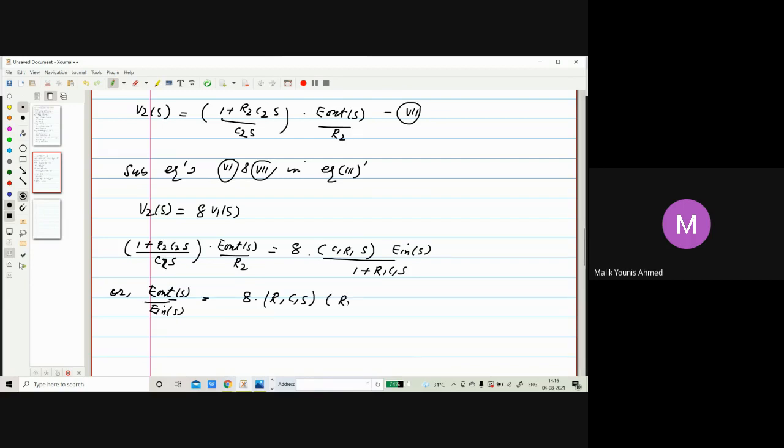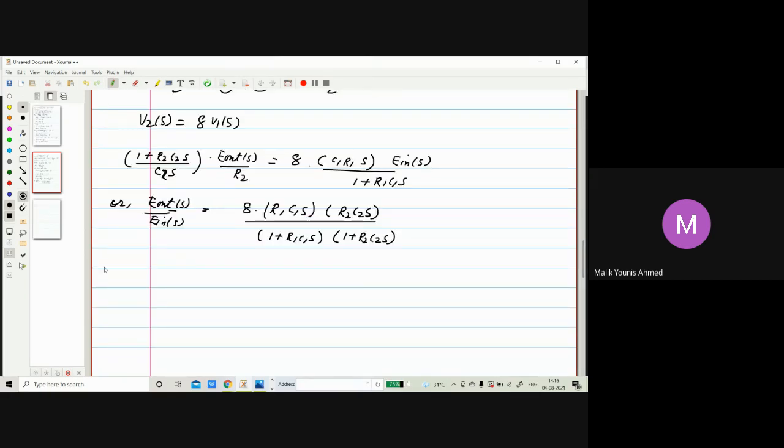R2 C2 S, that's the another value. And what should be in the denominator? This has gone here, this will come out. So 1 plus R1 C1 S multiplied by 1 plus R2 C2 S. That's in the denominator.